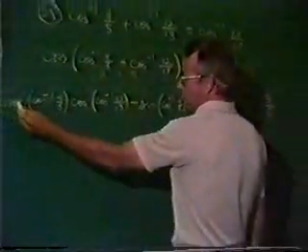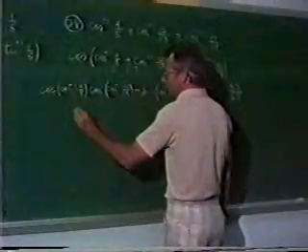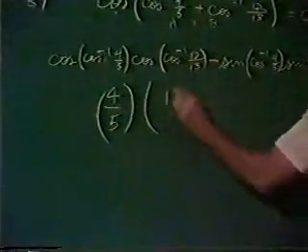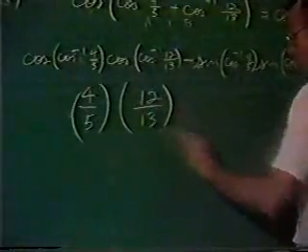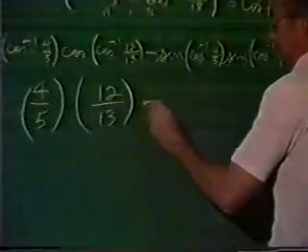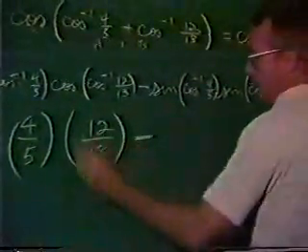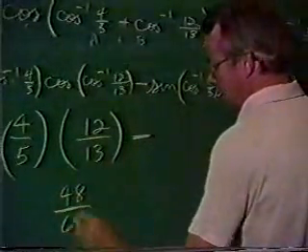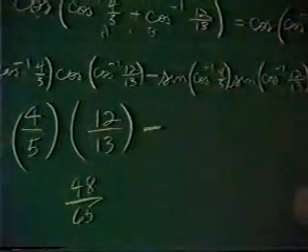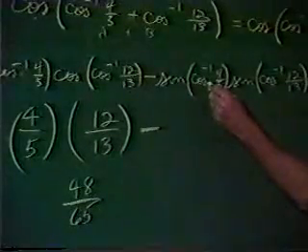Well, let's see if this is true. Coming back over here, the cosine of the inverse cosine is just the number. So we get that, minus, all right, multiplying that, that's 48/65. Now over here, the sine of the inverse cosine.